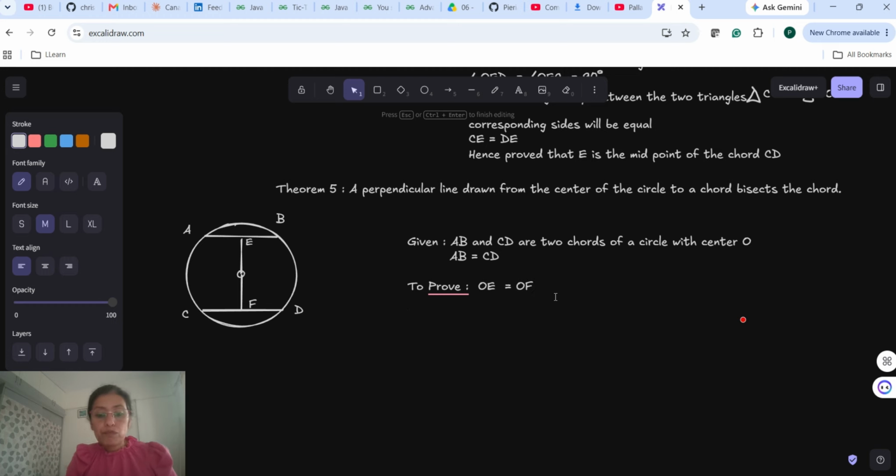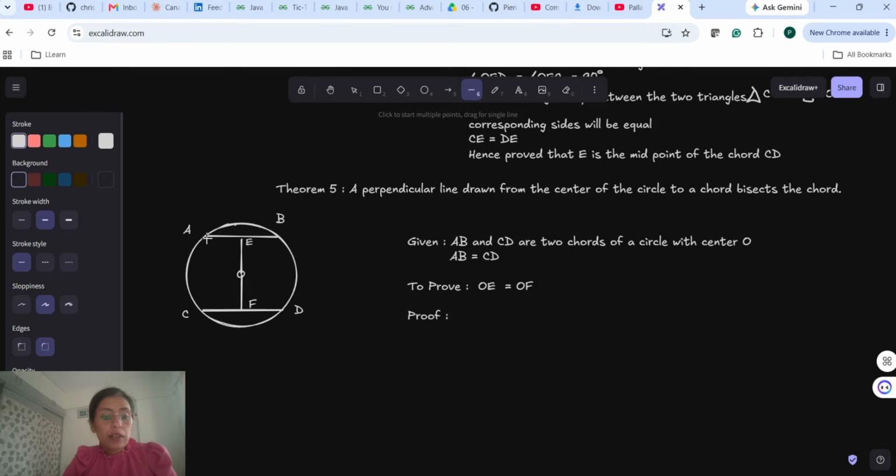Okay, so we'll start with the proof. What we'll do here, again, as we have been doing so far, let's draw triangles.